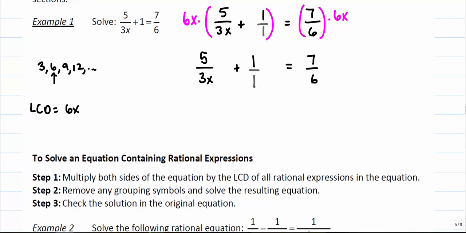If you multiply both sides, then that really means you're multiplying each term. And also remember, this is over 1. I don't think that's necessary to see, but that's nice to remember.